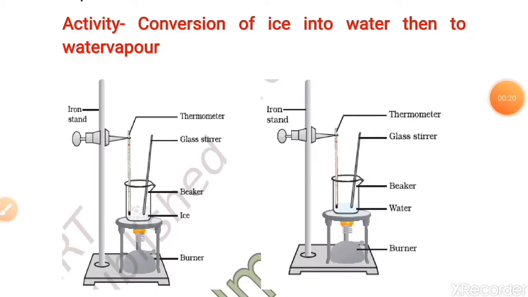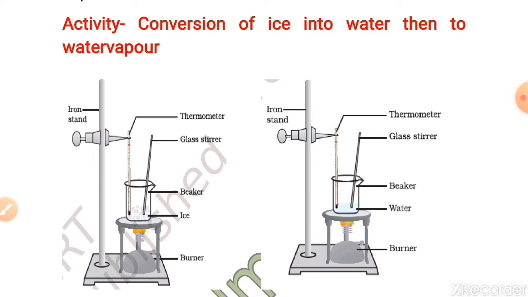Now we will explore more with the help of this activity. In this activity, we will study the conversion of ice into water and then the conversion of water to water vapor. To perform this activity, students, you need a beaker, thermometer, burner and an iron stand.